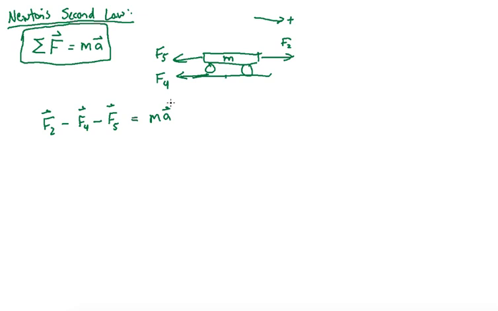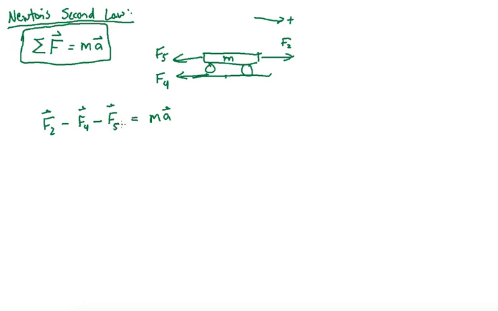So you could imagine this was one really strong kid pulling on it, and then a couple of other kids that weren't as strong pulling in the other way, but it turns out that together they were the same strength, like a tug of war, and F2 equaled F4 plus F5. Then we would get 0 and this would not be moving at all.